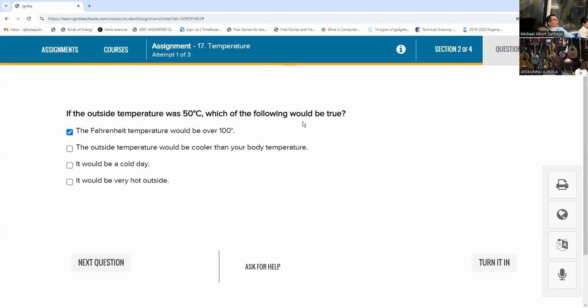Which of the following would be true? 50 degrees will be hot, yes or no? It would be very hot outside.